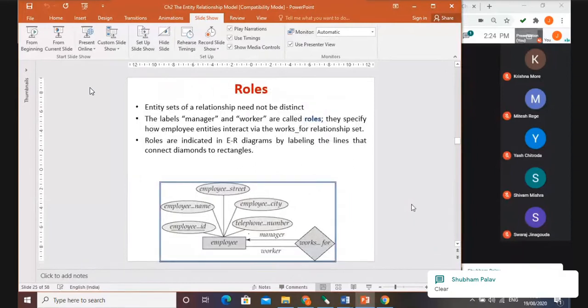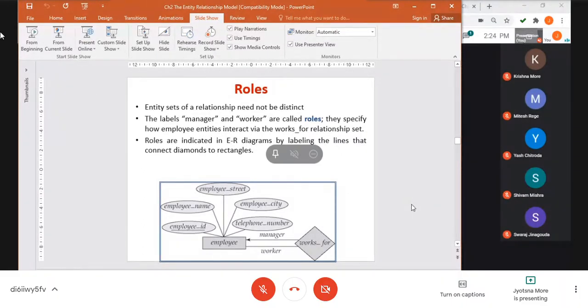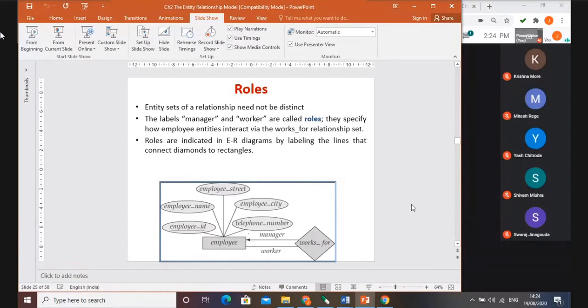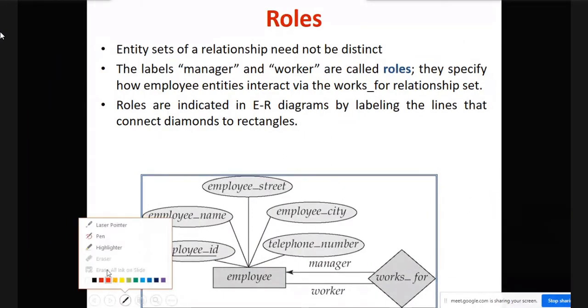Next one is roles. What is a role? Role is nothing but something that person is doing related with that particular entity set. So that is known as a role for that entity. Here in this example we have employee as our entity set.